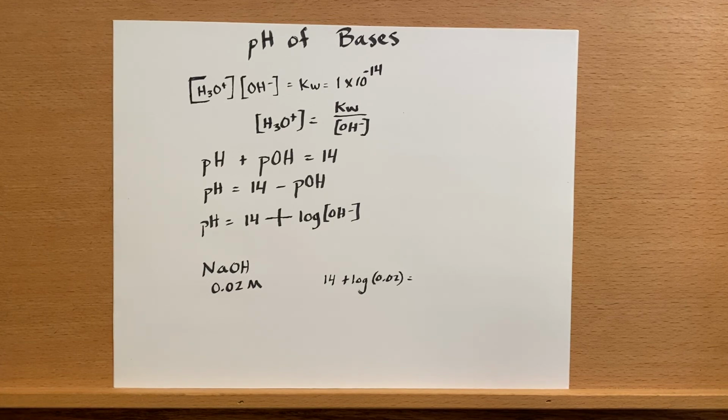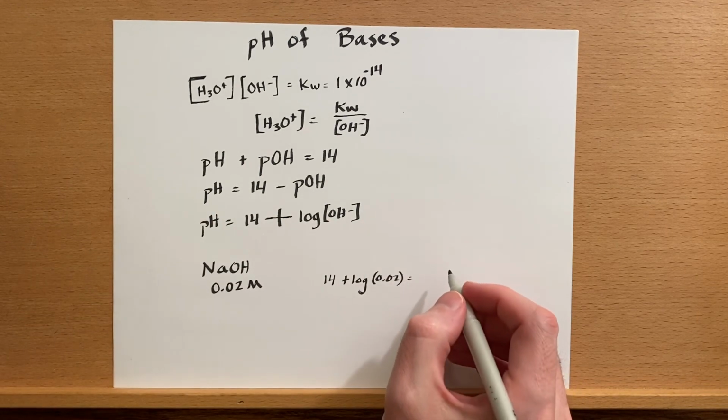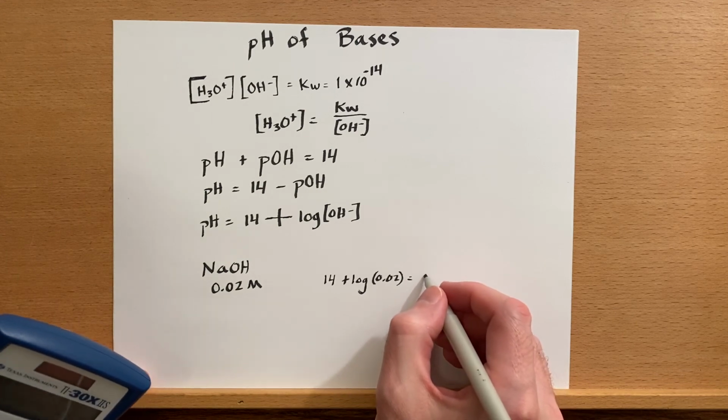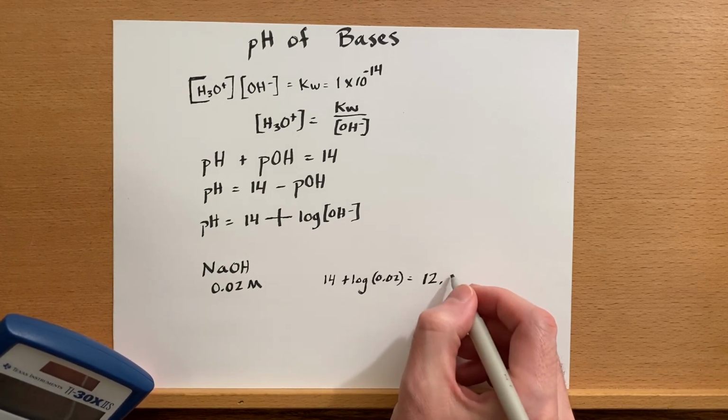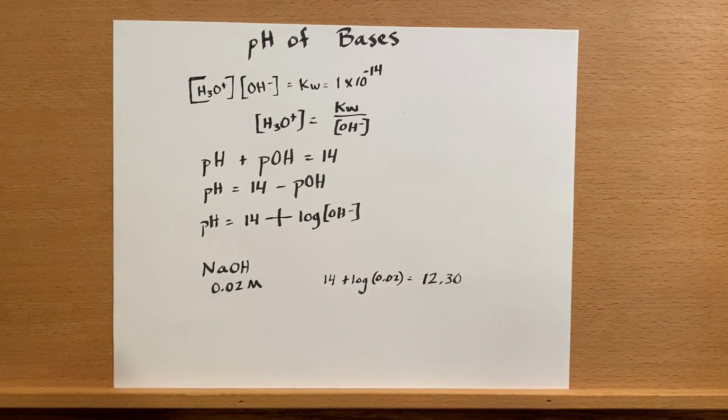I'll get that for you real quick. And I get 12.3. So that is how to calculate the pH of bases.